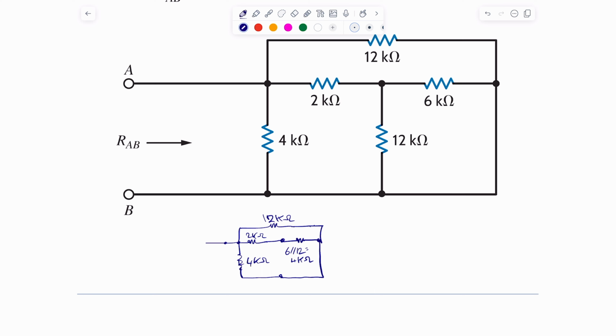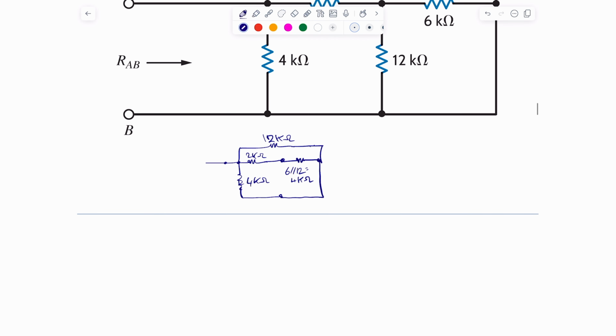All right, moving on. So what we have in here is now we have this resistor and this resistor. They share one node and nobody shares this node with them. So they're in parallel, or actually in series, sorry. So we can redraw that circuit. Of course, this here is A and this here is B, and that will become RAB. So we could redraw that circuit so that we have the 12 kilo ohms. And of course, this one here is just a replacement of one of them.